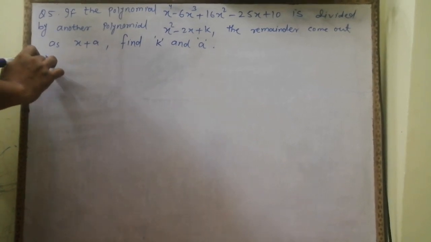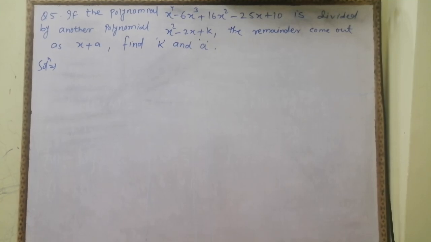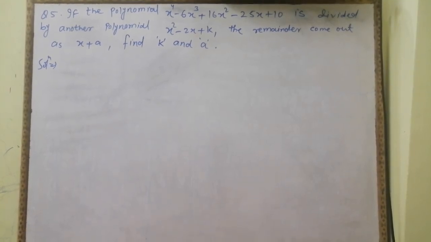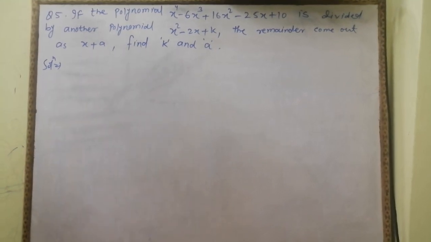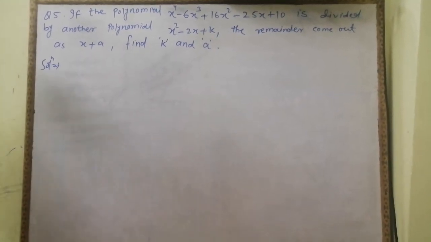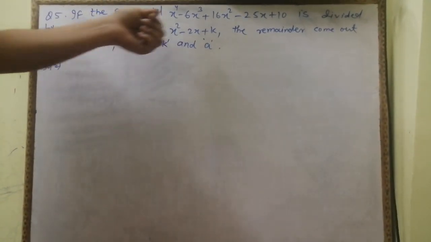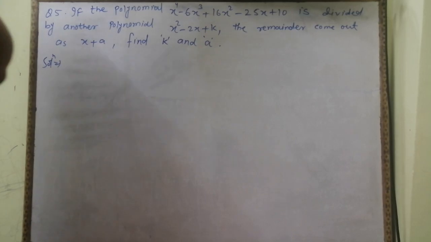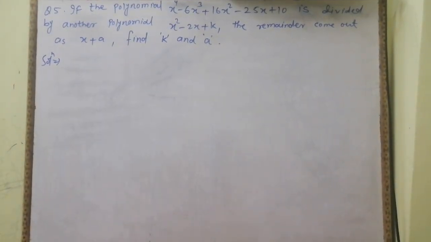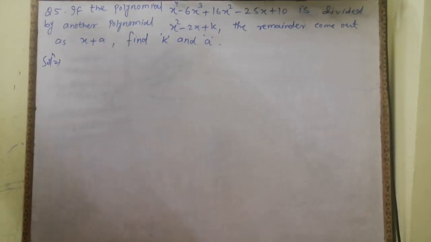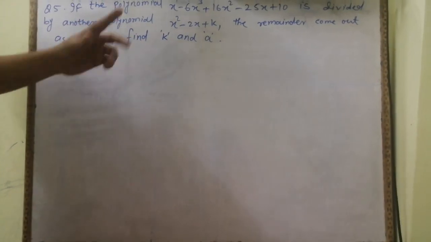Now after question number 3 we move to question number 5, because question number 4 we have discussed in the Zoom classes two times, that's why I have not solved it here. So see this question number 5. If the polynomial x to the power 4 minus 6x cube plus 16x square minus 25x plus 10 is divided by another polynomial x square minus 2x plus k, the remainder comes out as x plus a, find k and a.